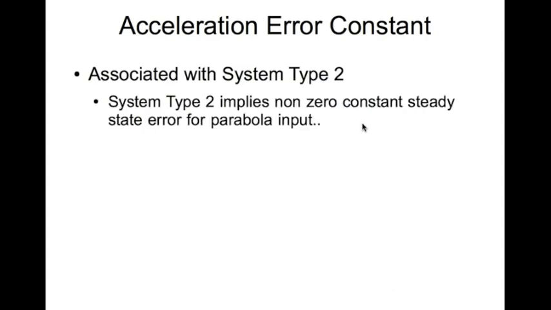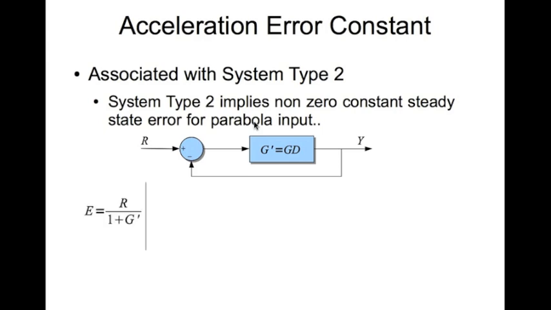Similarly, the acceleration error constant is associated with system type 2. System type 2 implies that you get a non-zero constant steady state error for parabola input. Same as before, write an expression for the error. If you have parabola input, the Laplace transform of that is A divided by s cubed, where A is the amplitude.